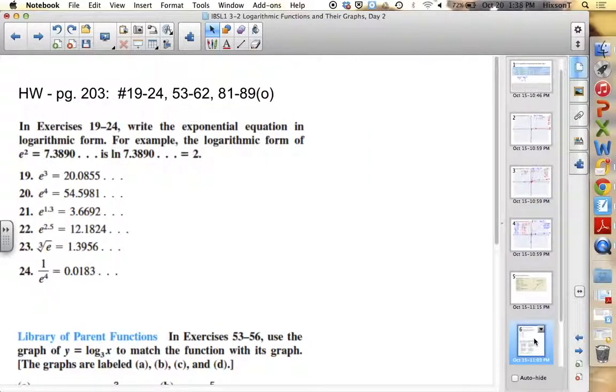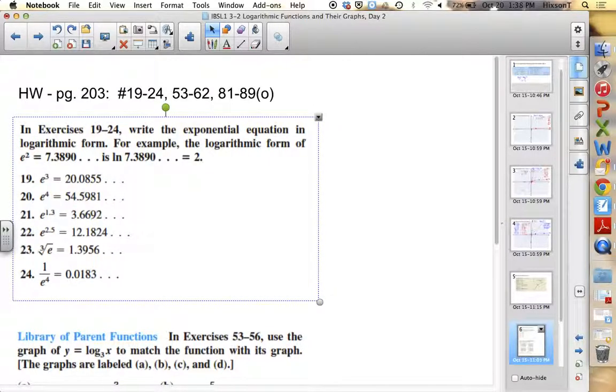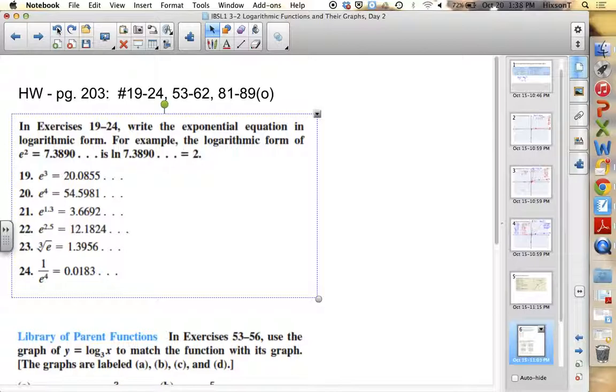So, I gave you a couple of problems to work on. These are very similar to the ones I had given you on Thursday, where you were writing an exponential as a logarithm, okay?